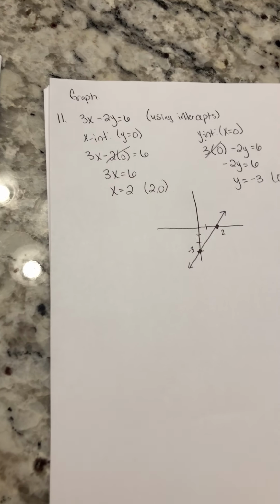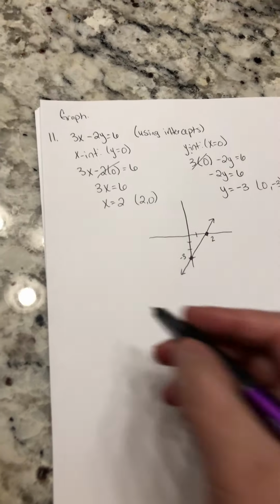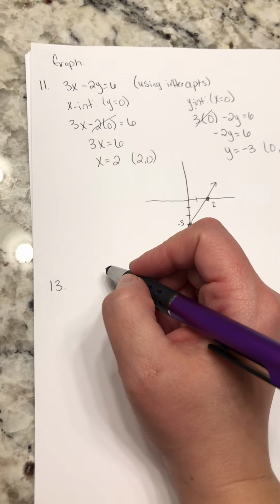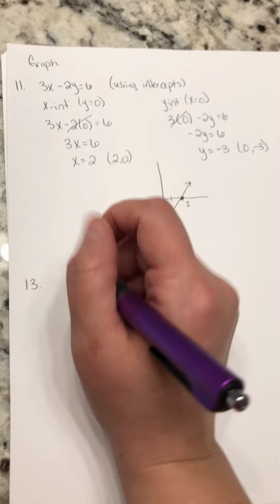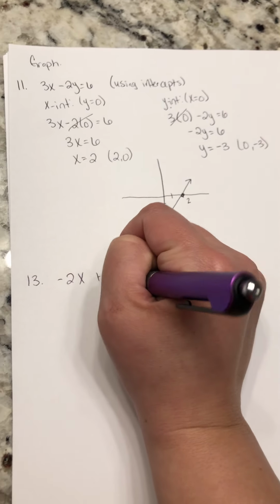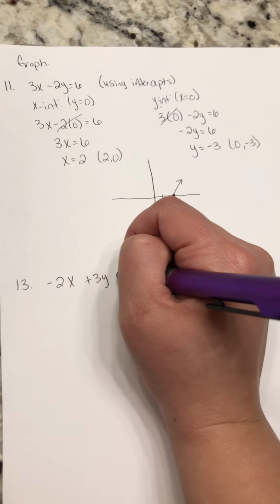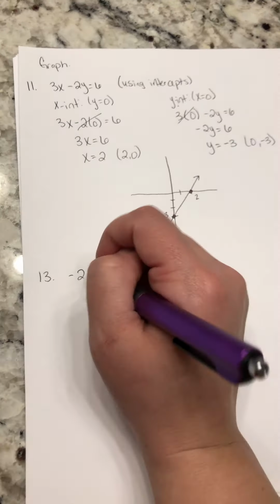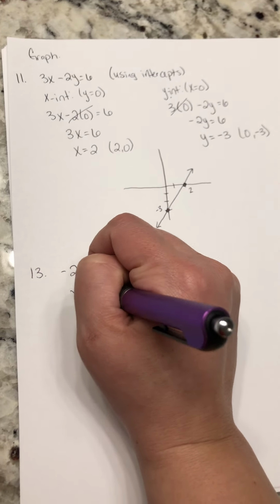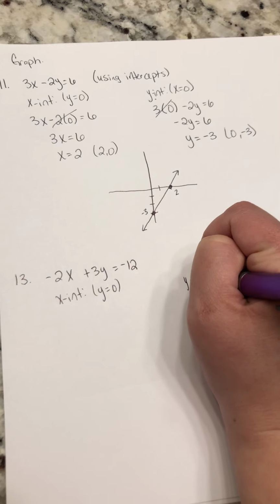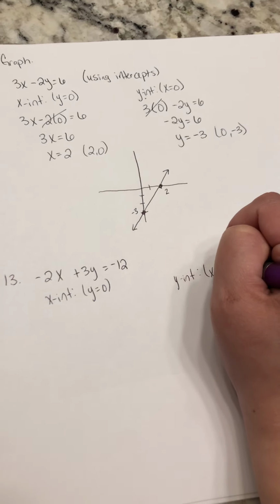So one more like that, number 13. We have negative 2x plus 3y equals negative 12. So again, using intercepts, for my x-intercept I'm going to stick a 0 in for y, and for my y-intercept, I'll plug a 0 in for x.